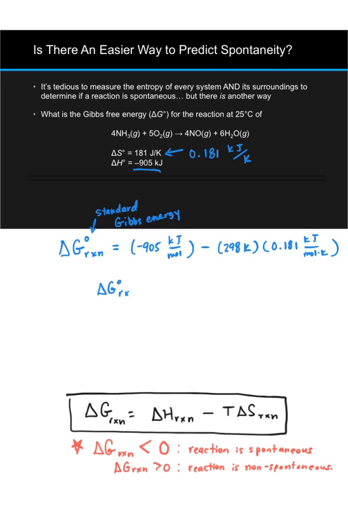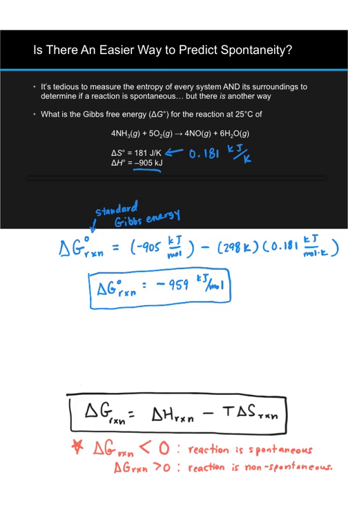Calculating the result, we get delta G for this reaction is negative 959 kilojoules per mole. And the result of this directly informs whether this reaction is spontaneous.